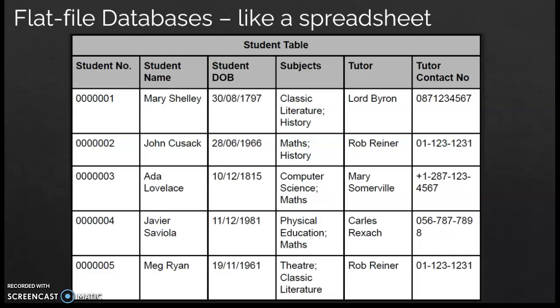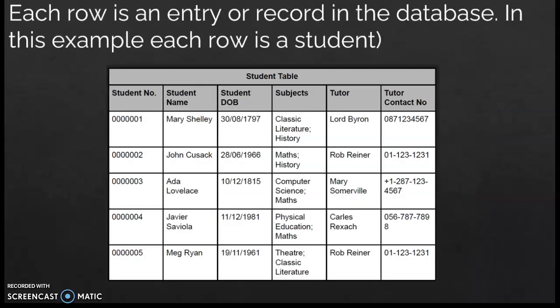They're a bit like a spreadsheet, like what you might see in Excel, with rows and columns. But in databases, they're not called rows and columns. Each row is an entry or record in the database. In this example, the student is a row, a particular student, Mary Shelley, the first one.